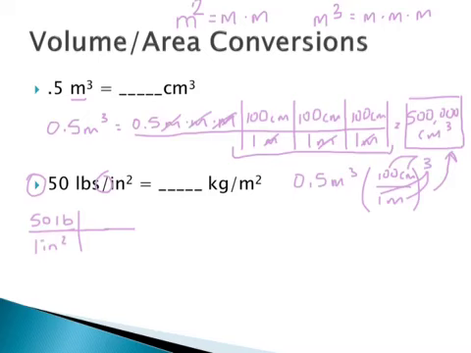I want to go from pounds to kilograms. Looking at your chart, pounds is US, kilograms is metric. So I'm going to look at my US to metric conversions, and if you look at pounds and kilograms, that's a unit of mass. The only one we have for mass is 1 pound equals 0.45 kilograms, and that's the one I'm going to use.